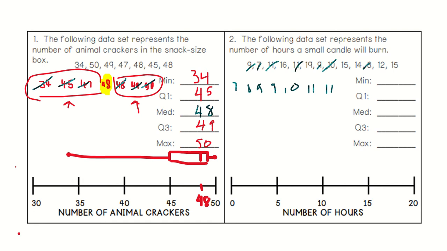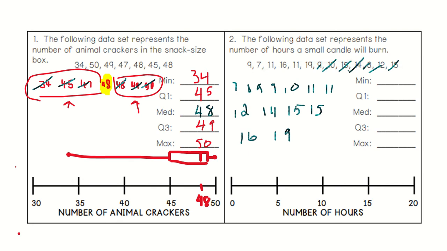Then there is a 12, a 14, 2 15s, a 16, and a 19. Okay. All right.